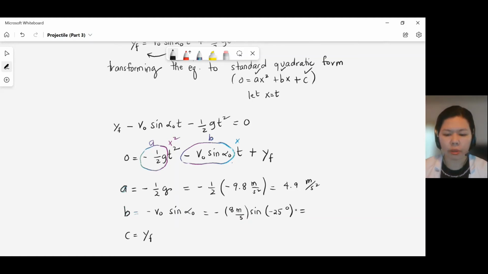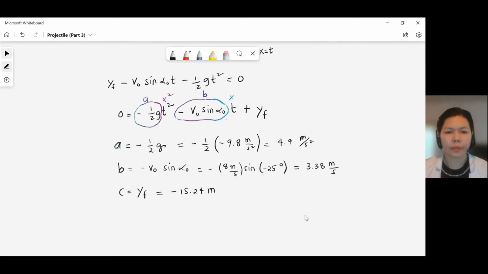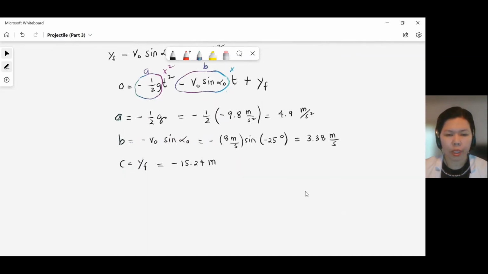Using your calculator, you should get an answer of 3.38 meters per second. And our yf is the given negative 15.24 meters. All right, so we now have our a, b, c. We can now get the t.